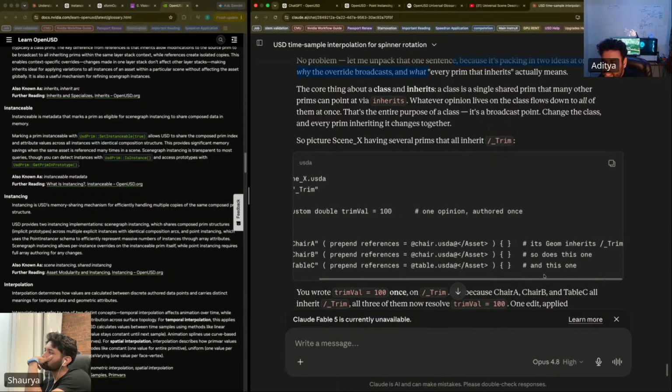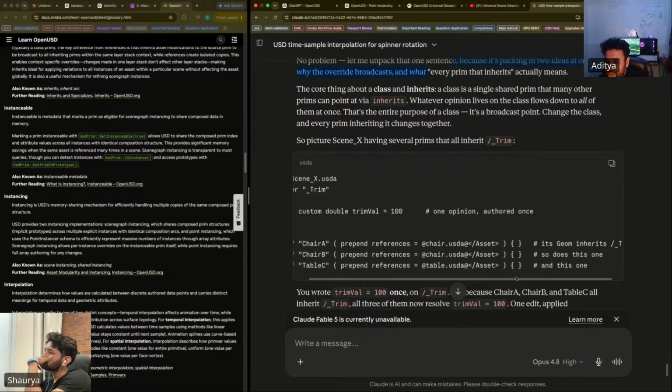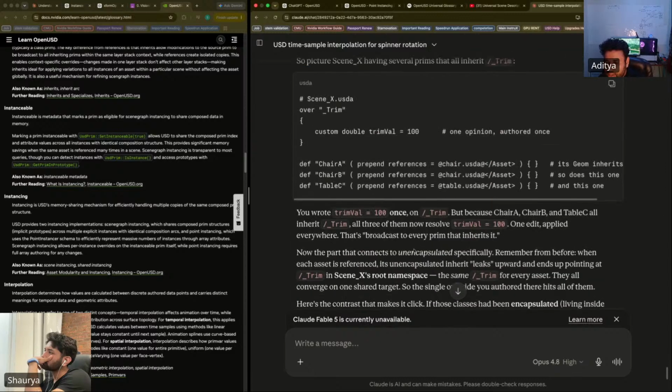As soon as someone else is also referencing the same asset somewhere else, it's going to be broadcast everywhere, because that is the property of inherits: any changes done on that asset are broadcast to every other prim that is inheriting the same thing we are trying to override over here.